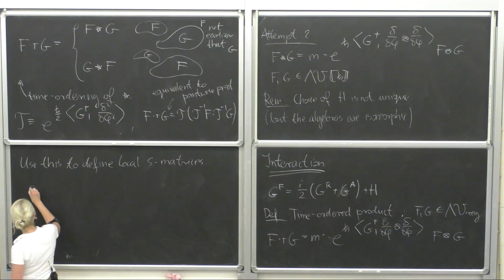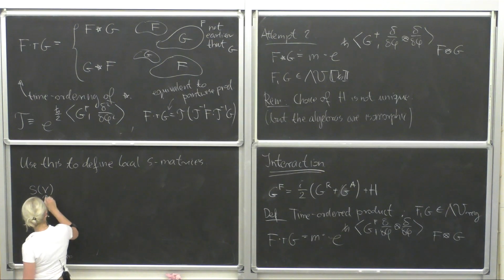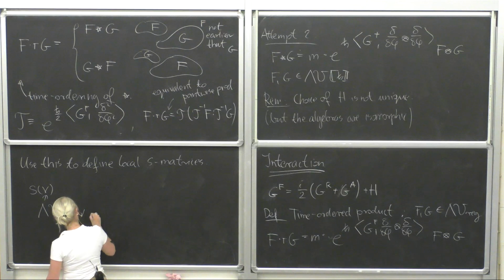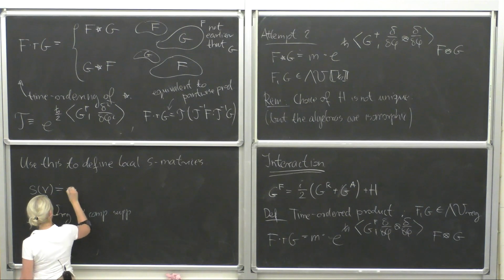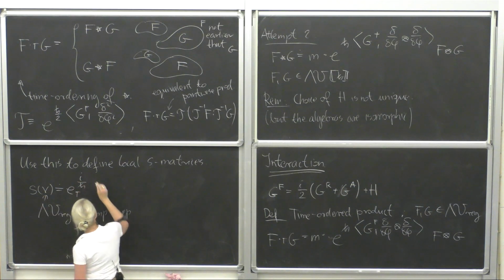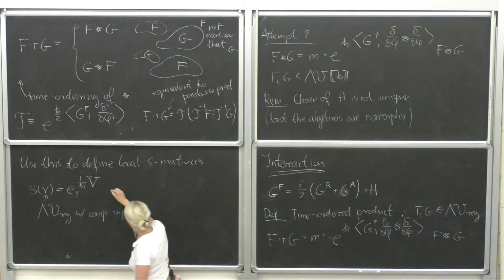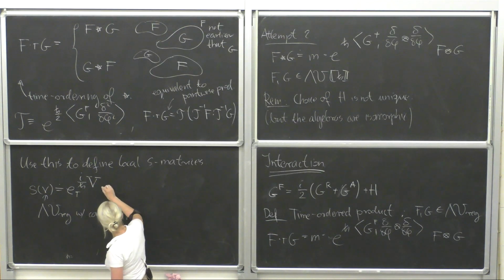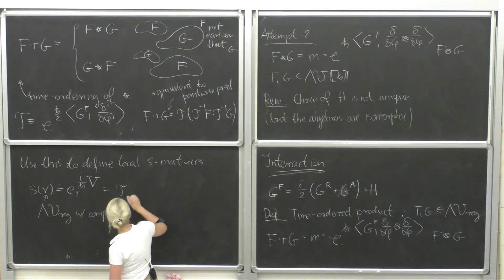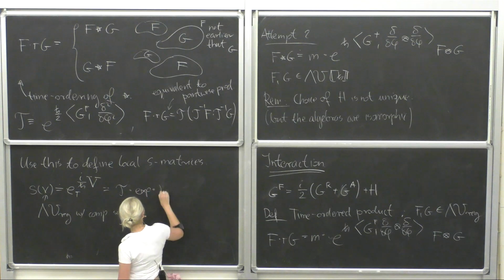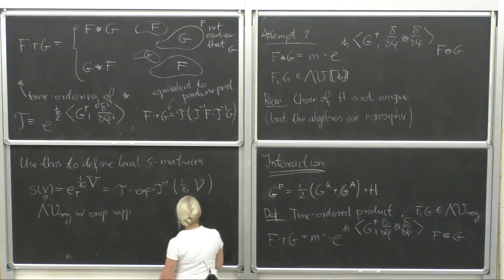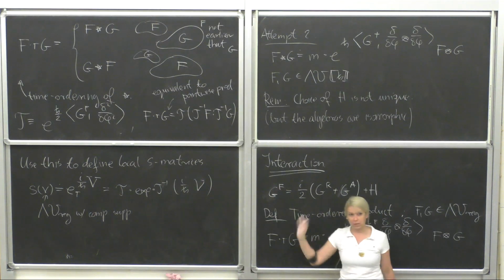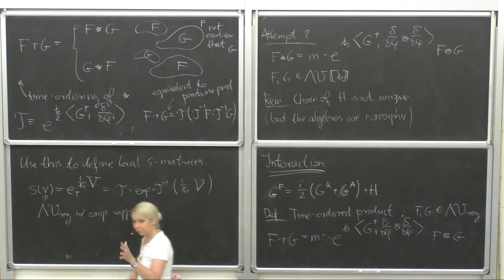So S of V, where V is regular with compact support, is defined as the time-ordered exponential of V. In other words, I can write this as T composed with the usual exponential composed with T inverse of i over ħ V.